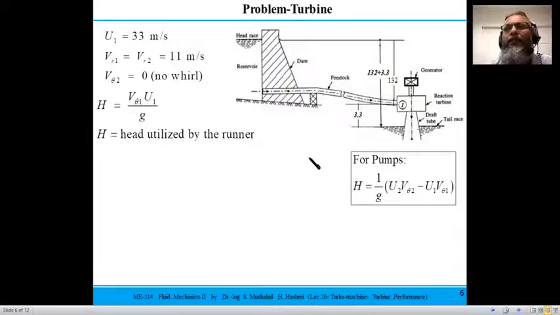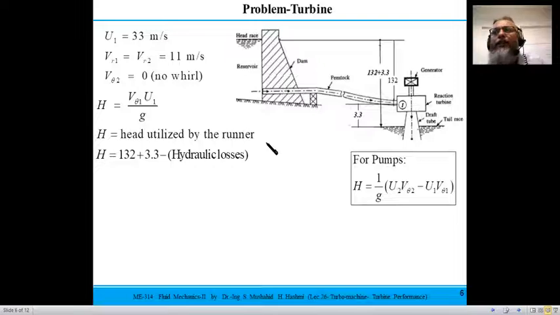So this is the head from which we are going to subtract all the losses. The head utilized by the runner comes from the total head available. That is actually 132 meter plus this 3.3 meter, the difference between the head race and the tail race. That is the two water levels that are available, but the useful head would be after subtracting all the losses.